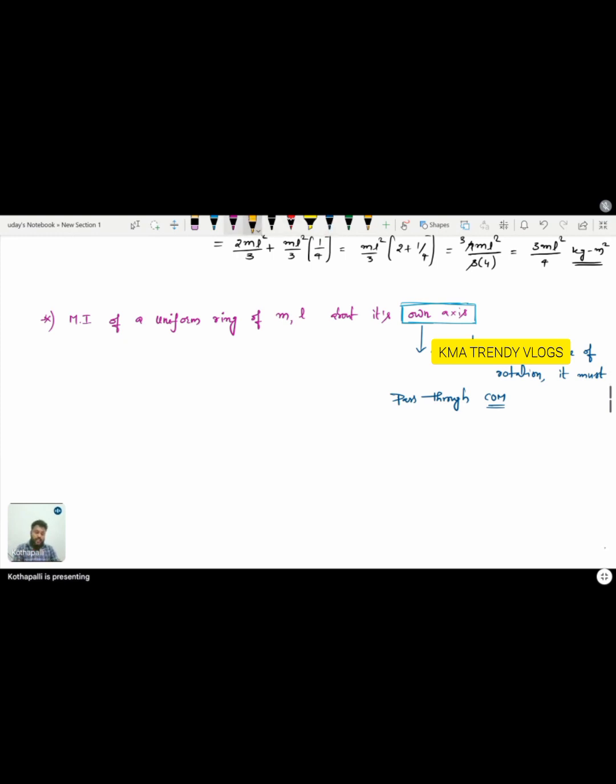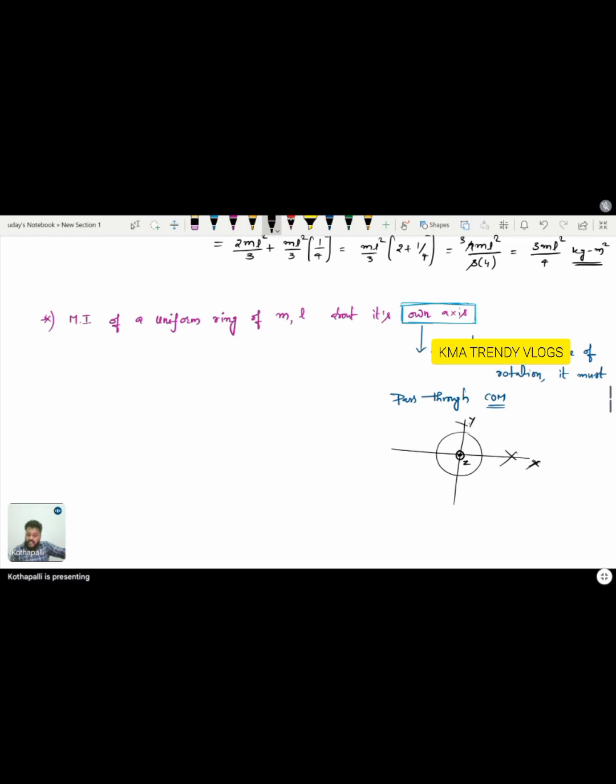Let me explain this clearly. If I take a ring, there are three axes passing through the center of mass. All these three axes pass through the center of mass. But only this one, the dot going into the plane, is perpendicular to the plane of rotation. This x-axis, which passes through the center, will not be perpendicular to the plane.